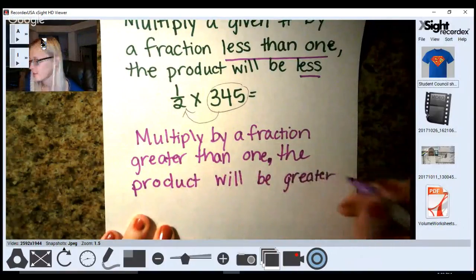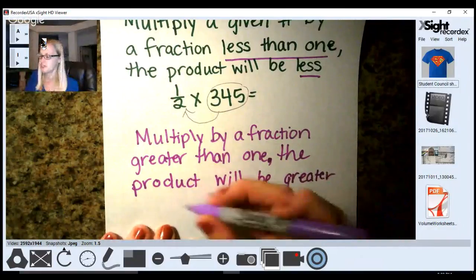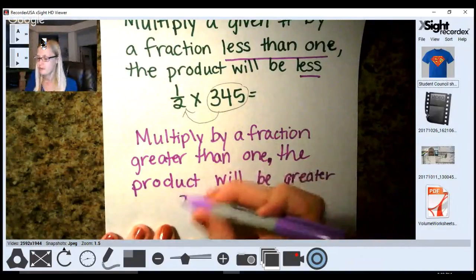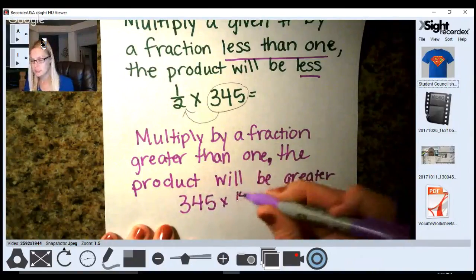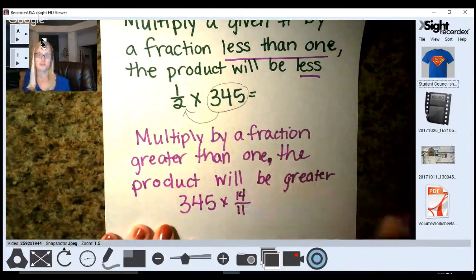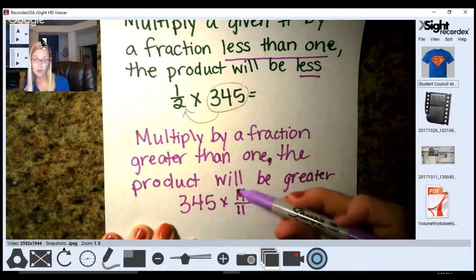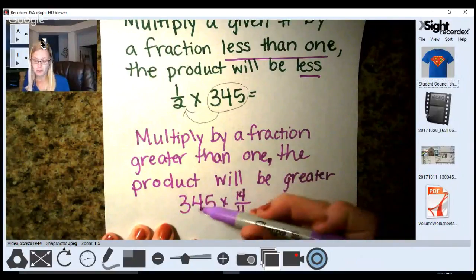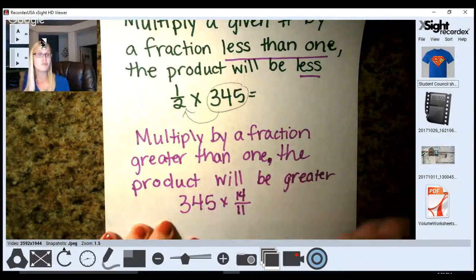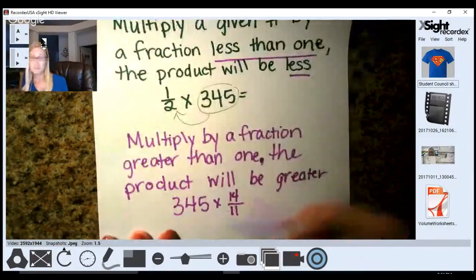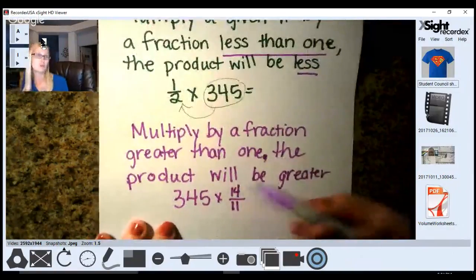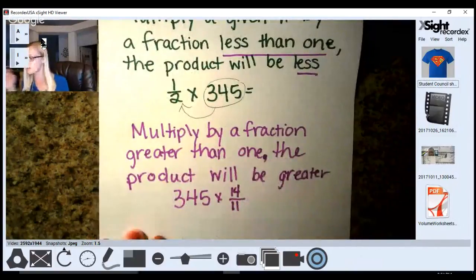So an example of that would be, for instance, if I took that same number 345 and I multiplied it by 14/11ths. I know that 14/11ths is a fraction greater than 1. So since it's a fraction greater than 1, my final answer is going to be greater than 345 because, again, I'm taking that and I'm multiplying it by something more than 1. And anytime I multiply it by more than 1, it's going to become greater.